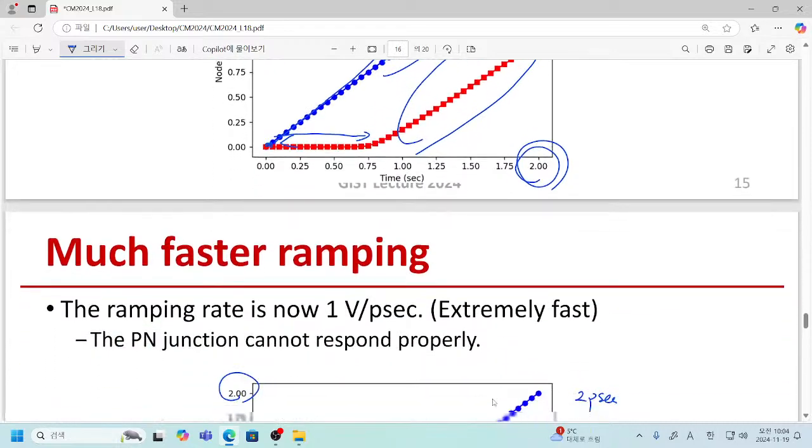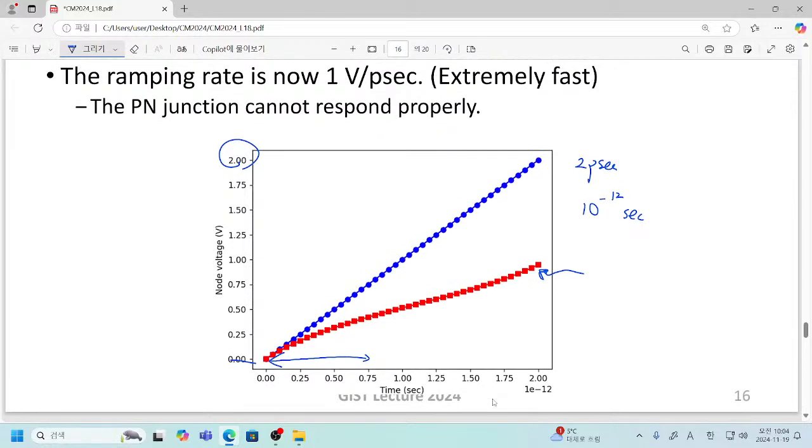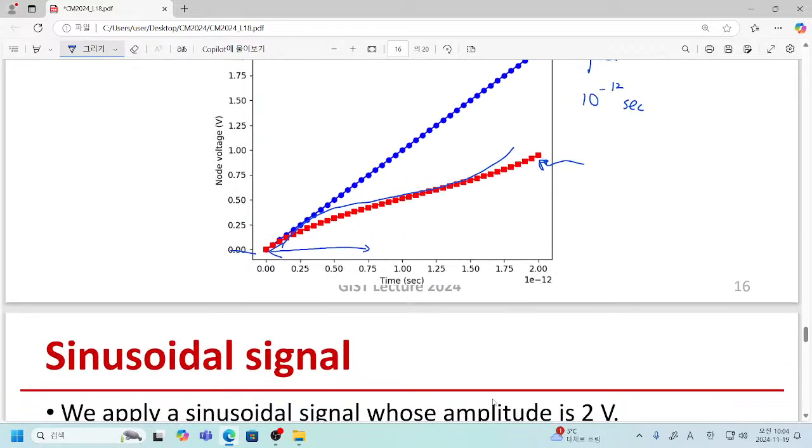However, if our operation speed becomes too fast, then it cannot follow that expected behavior. So it simply means that please do not try to operate this rectifier with such fastly varying signals. It is not suitable for practical application. If you want to use it, then please reduce the speed of your operation.